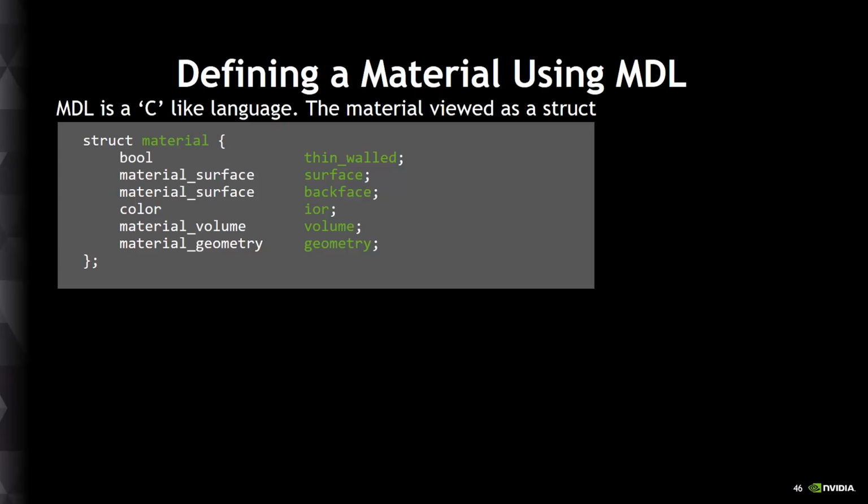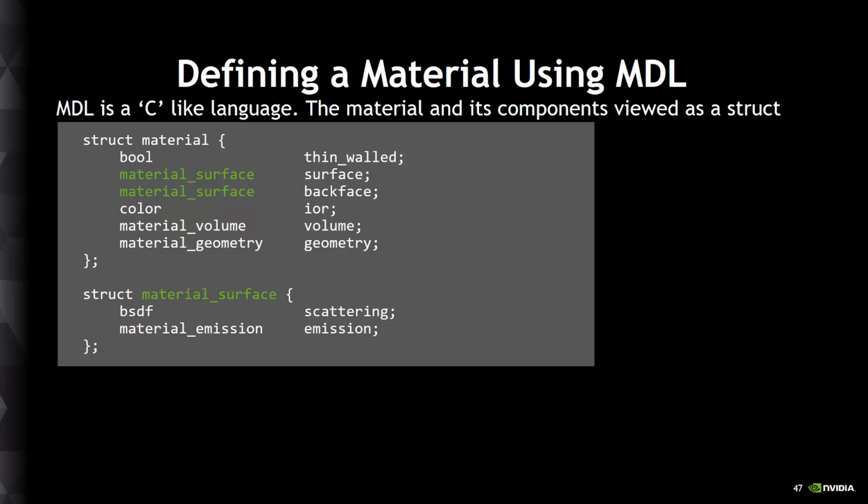This is the basic representation of a material, and you might recognize some of the fields there from the diagram that Lutz showed before. So there's a surface and a backface, and there's an IOR, and there's volume and geometry. And those subfields sometimes are basically structs themselves. So the surface contains the BSDF, and another struct that is the emission. So this hierarchical construct of structs is what we use to represent the material.